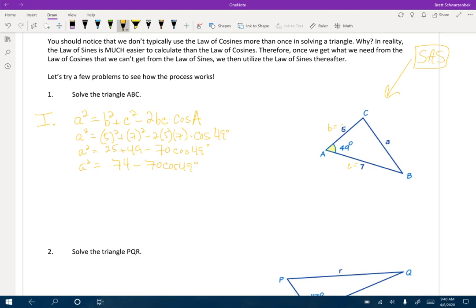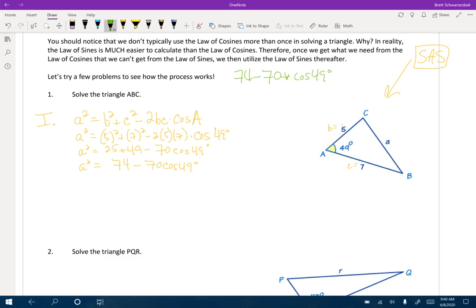Then in the calculator, you're going to find 74 minus the product of these two. For example, in the calculator, this is a no-no, so don't do this and just leave it like that.